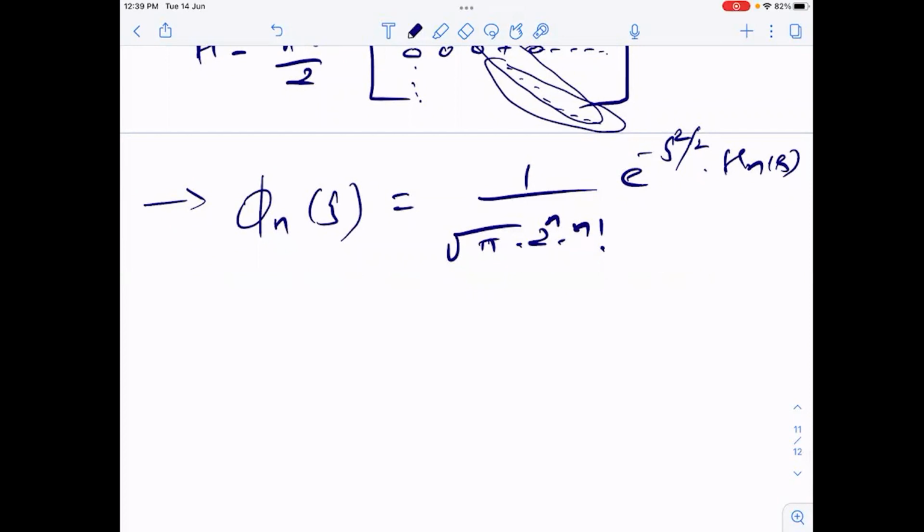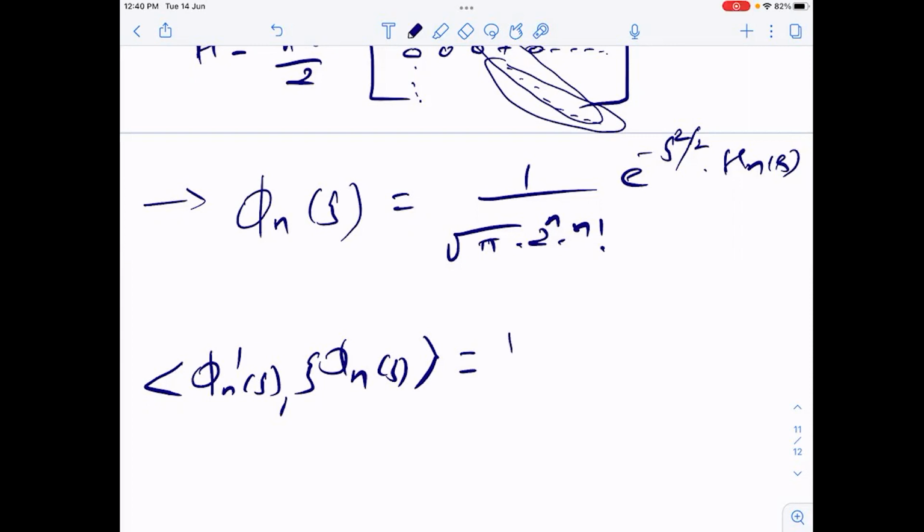Now, if you look at the orthogonalization condition for this function, then again, I can share the notes for Hermite's polynomial where this is derived very well. Those who are going to study or those who have studied special functions will appreciate it later.